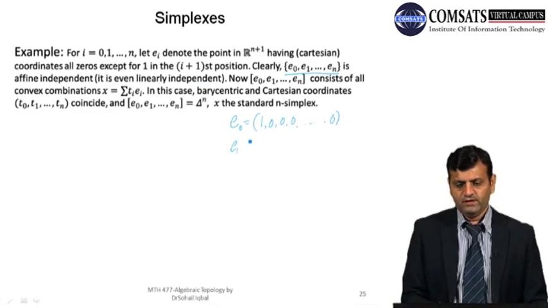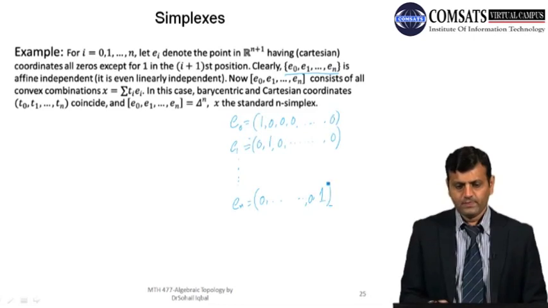Similarly e1 has 1 at the second position and the rest of the coordinates are 0, and similarly en is 0, 0, 0 up to 1. The rest of the coordinates are 0.